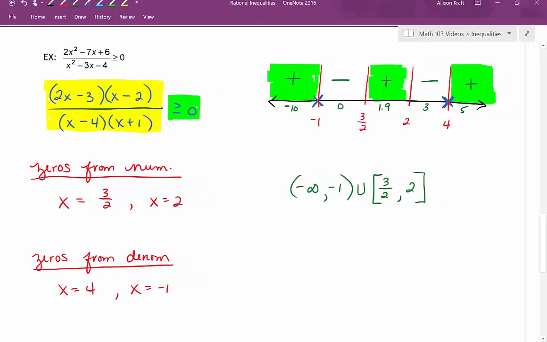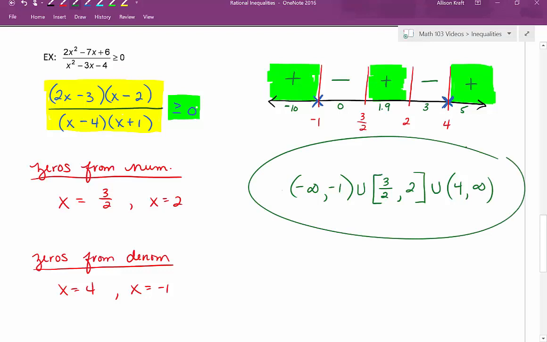And then our third interval from 4 to infinity, that 0, 4 did come from the denominator, therefore we have to exclude it despite the inequality symbol, and we're going to have 4 to positive infinity. Our solution set is negative infinity to negative 1, not included, including 3/2 to 2 included, and then not including 4 to positive infinity.